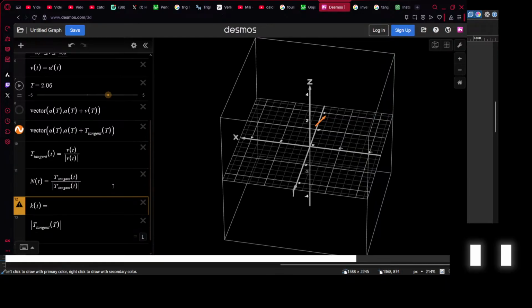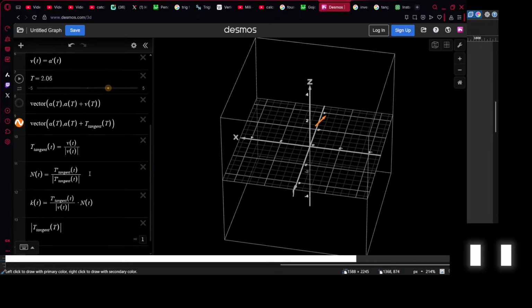I'm just going to use k in place of it first. Kappa is equal to the tangent vector's derivative divided by the size of the velocity vector, and you're going to have to dot it with n(t).